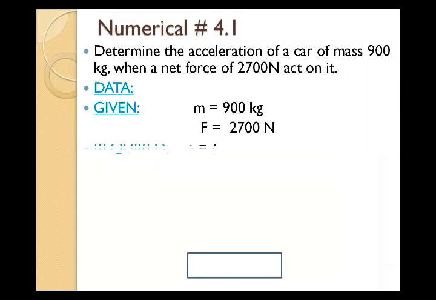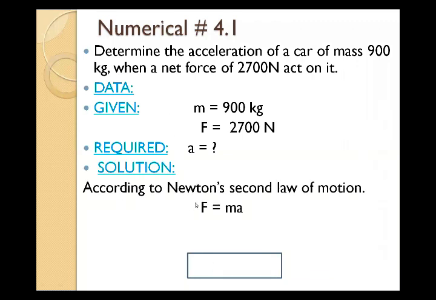In the data, the second thing which we require is the required quantity. Here acceleration is asked, so we have to find the acceleration. Now can you guess which formula we can use to solve this numerical? Yes, according to Newton's second law of motion, we have F equals ma, and by using this formula we can find the acceleration.